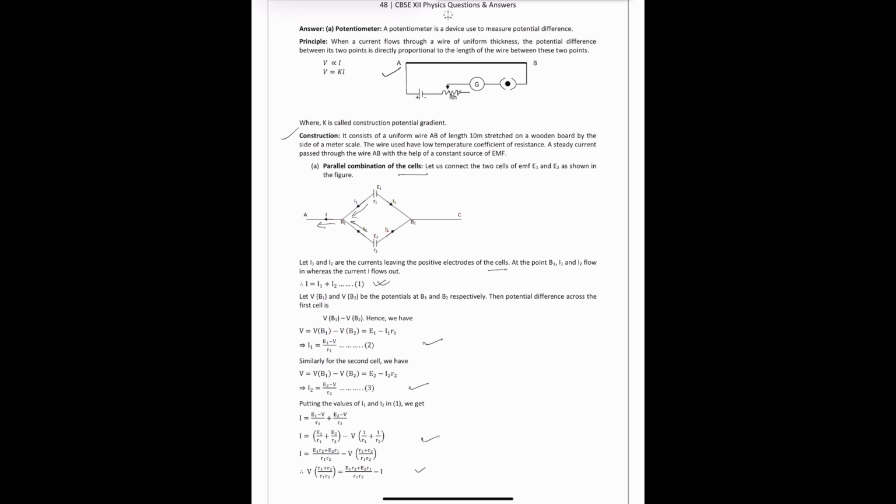This is by Kirchhoff's first law, and VB1 is equal to VB2, because the potential at this point is equal to the potential at that point. So VB1 minus VB2 is the potential difference across the terminal, which is E1 minus I1 R1. So we can find I1 here. Similarly, in the second cell we have VB1 minus VB2 equal to E2 minus I2 R2.